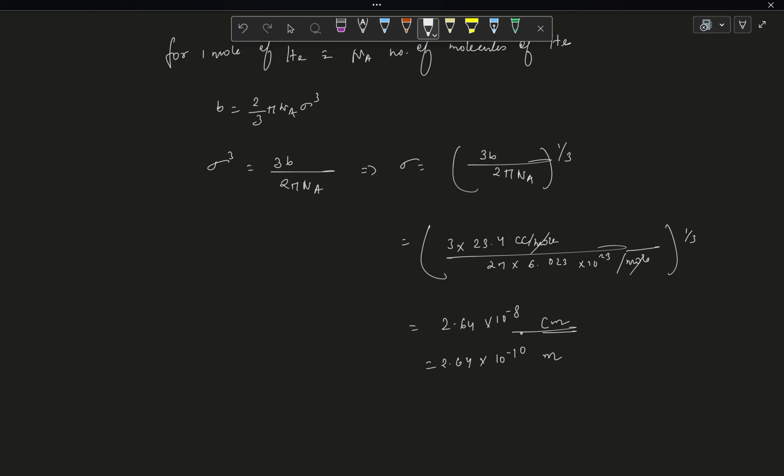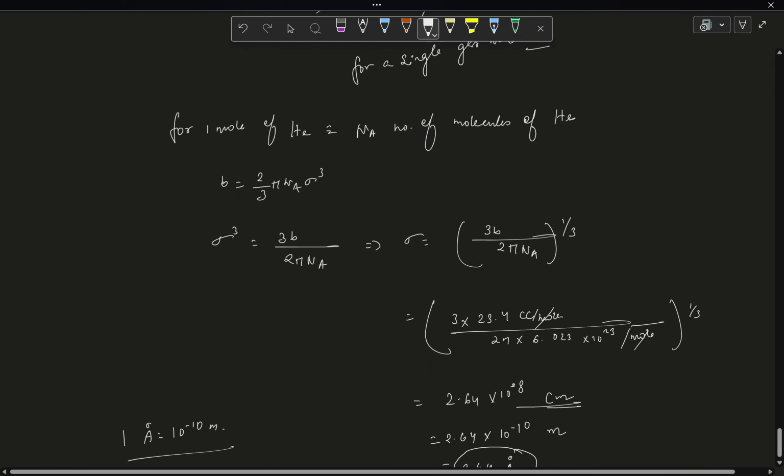If you have to calculate in meter, then it is 10 to the power 2 multiplied by 10 to the power minus 2. So this is 10 to the power minus 10 meter, which is nothing but 2.64 angstrom, because 1 angstrom is equal to 10 to the power of minus 10 meter. So this is 2.64 angstrom, your answer.